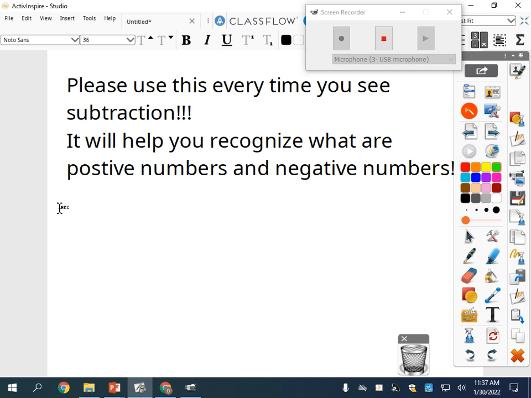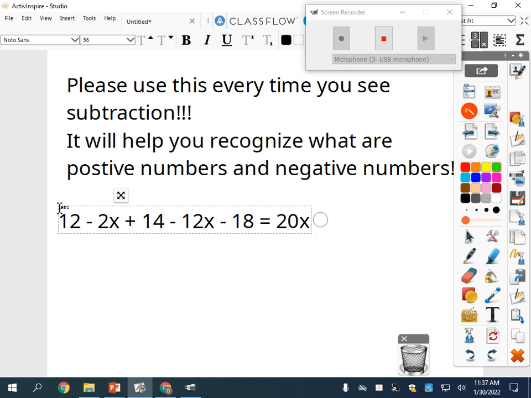And the reason is because we're getting ready to solve problems, and you're going to get equations and expressions that are going to look like this. 12 minus 2x plus 5b, now we better keep it simple, minus or plus 14 minus 12x minus 18 equals 20x minus 14 plus 8. I mean, something crazy like that.